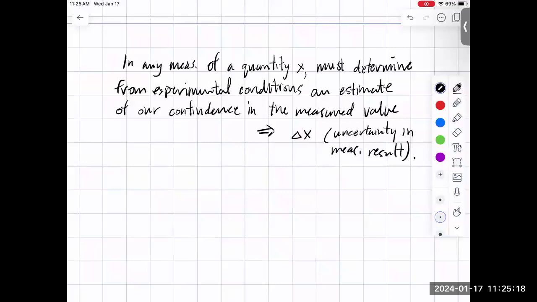But if you're going to make those decisions, you have to know the experimenter measured a value of 6.8 and my theory predicted 7.5. So how do I compare 6.8 to 7.5 unless I have some estimate of the uncertainty in the measured value? If it's 6.8 plus or minus 1, then it's going to be consistent with 7.5.